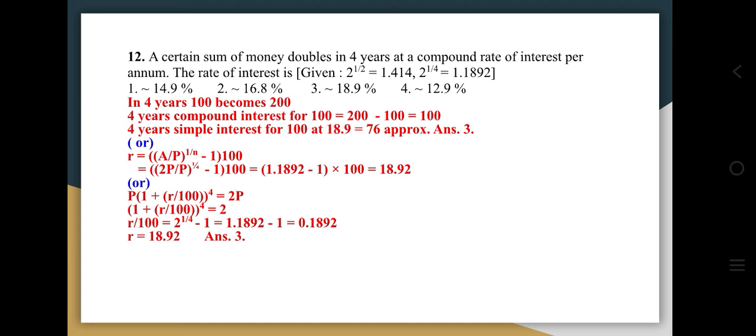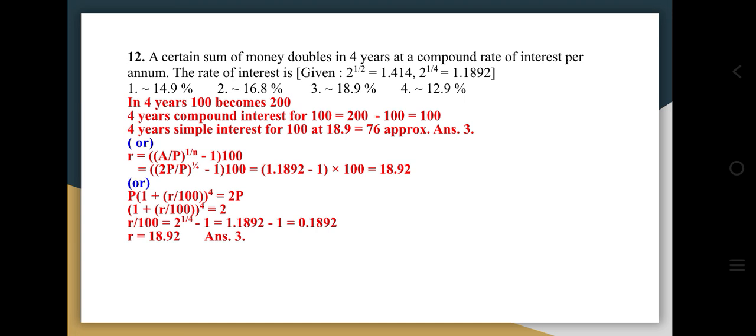So we know the compound interest is higher than the simple interest. The 4-year simple interest is 76 only at 18.9. If we calculate interest on interest, it will definitely become 100.